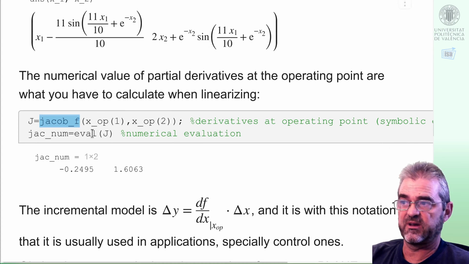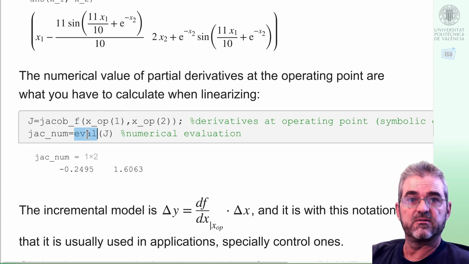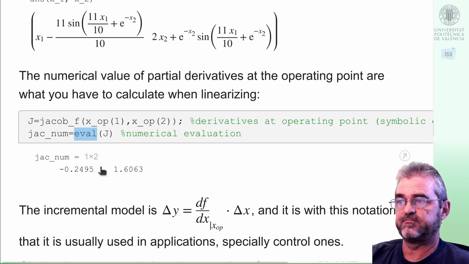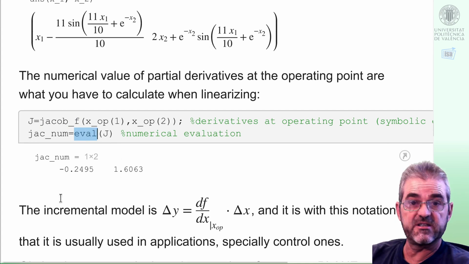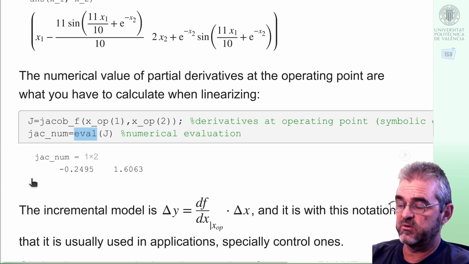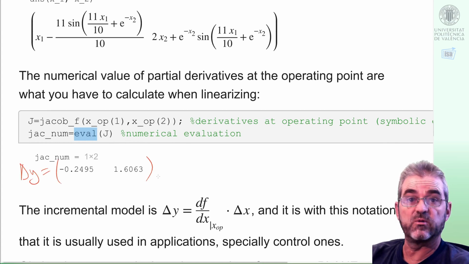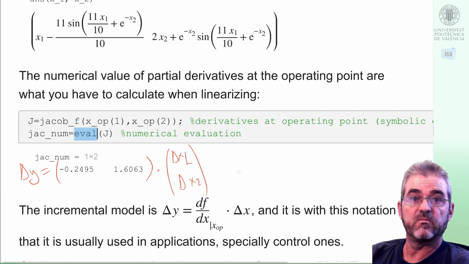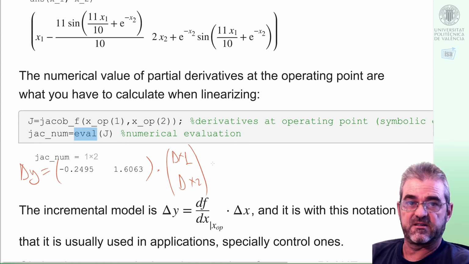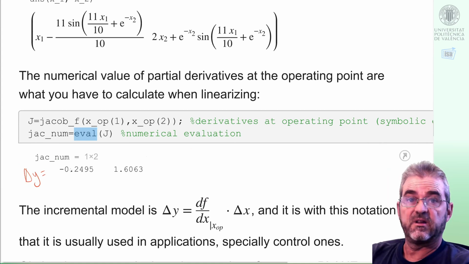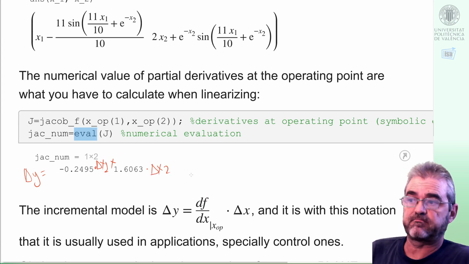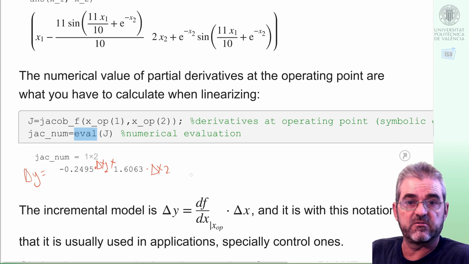I don't want them, so I will evaluate that stuff to a number because I wish Matlab to be a calculator. Then I will have these numerical values of the Jacobian, so my linearized model will be increment of y equal to this matrix times increment x1, increment x2, or, well, it's the same as saying that increment of y is this thing times increment of x1 plus 1.6 times increment of x2. Two ways of writing the same, of course.